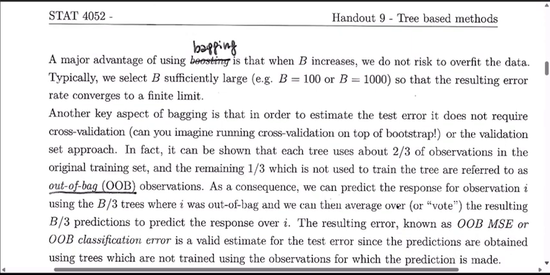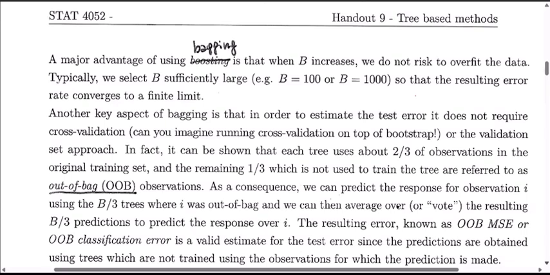We normally want the number of bootstrap samples to be larger, because when the number of bootstraps increases, we do not risk overfitting the data. In statistics, when we want to estimate the population mean, the sample mean will converge to the population mean under the law of large numbers when the sample size is sufficiently large.